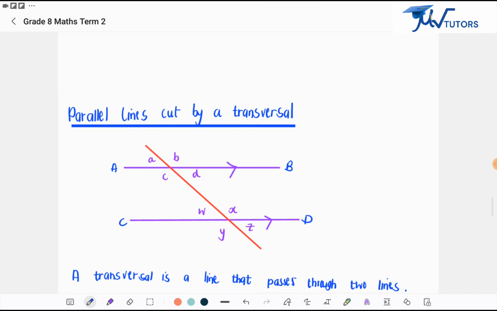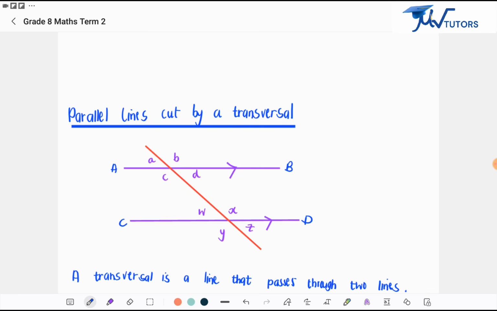Now, there's another concept I would like us to talk about, still with the straight lines. What happens when you have what we call parallel lines, okay? And these parallel lines are cut by a transversal. Before we get to the transversal, what is a parallel line? I've heard this math joke.